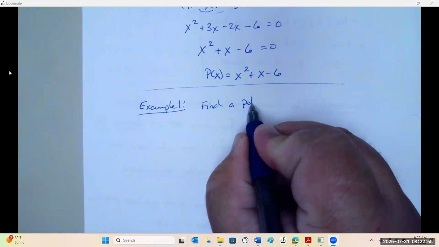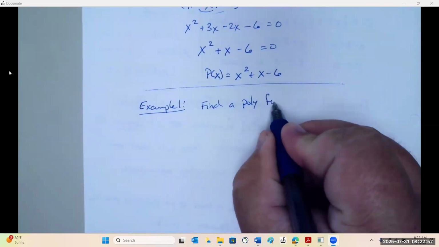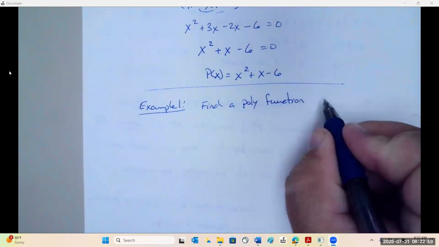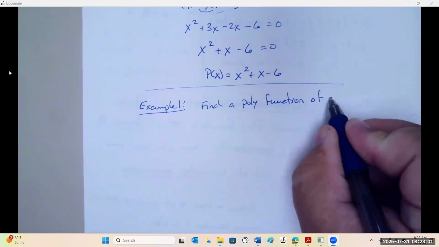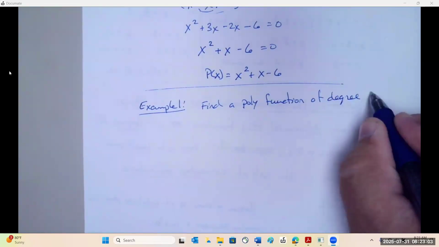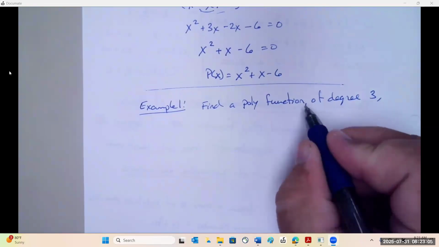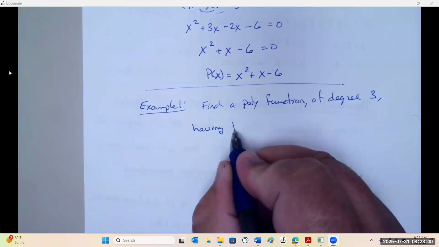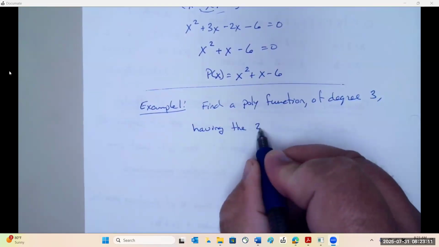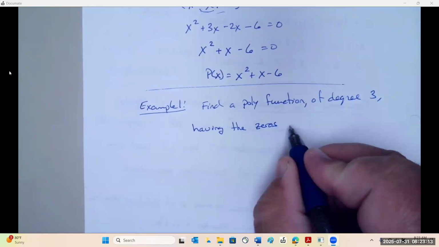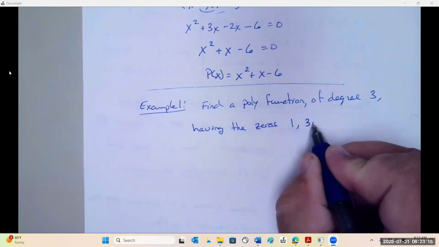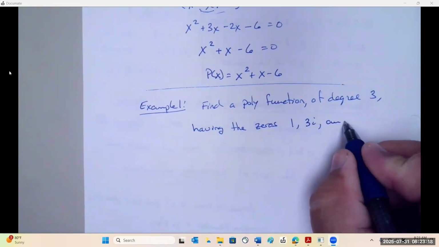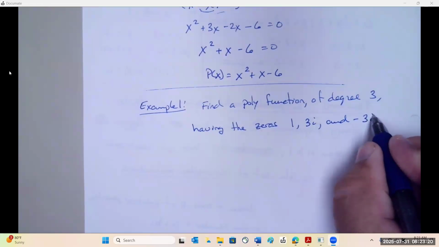Find a polynomial function of degree 3 having the zeros 1, 3i, and negative 3i.